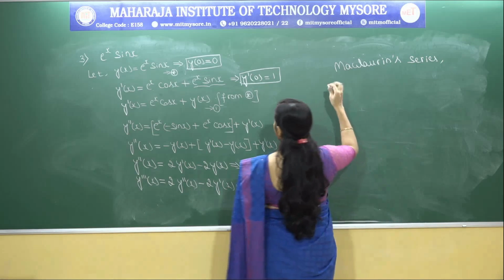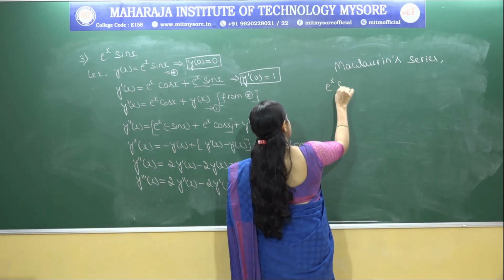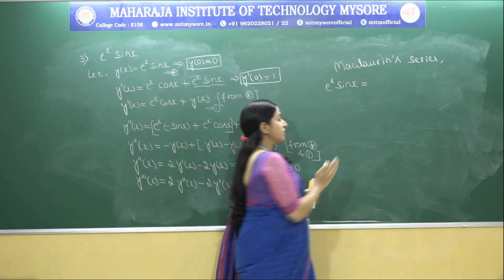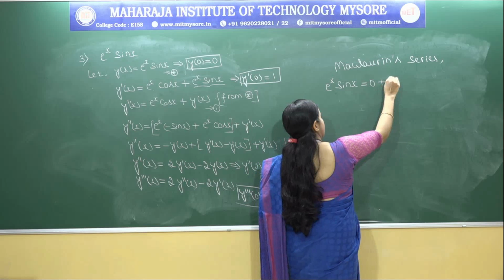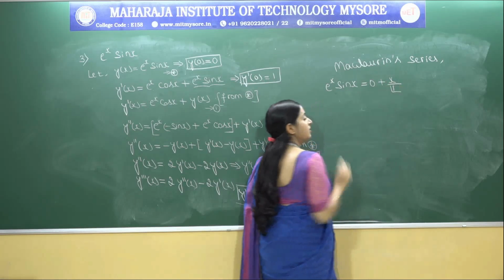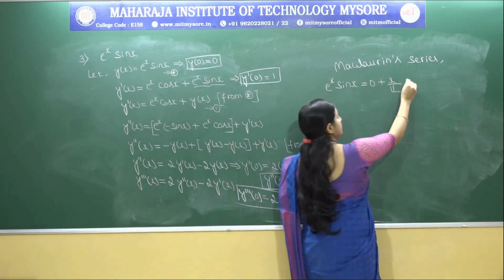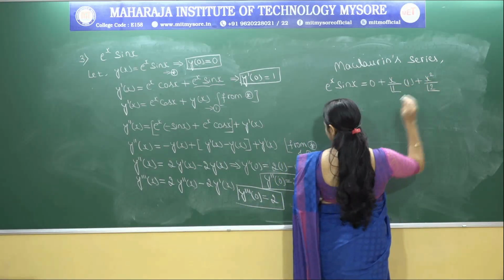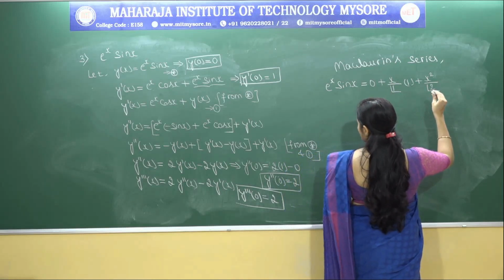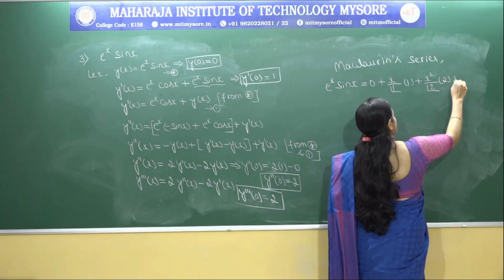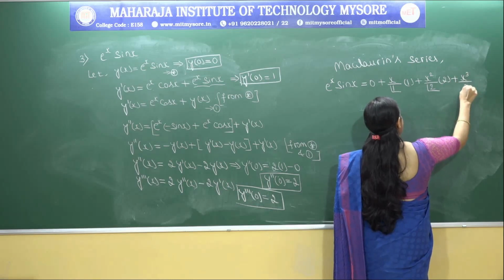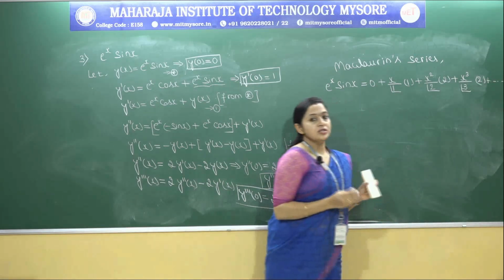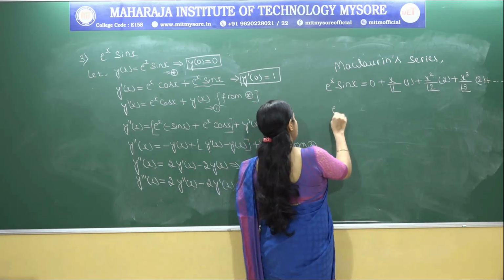The first term, y of x, given the y of x is e power x sin x, equals y of 0 is 0, plus x by 1 factorial, y dash of 0 is 1, plus x square divided by 2 factorial, the y double dash of 0 is 2, plus x cube divided by 3 factorial, the third derivative is also 2. Simplify this, you will get the e power x sin x.